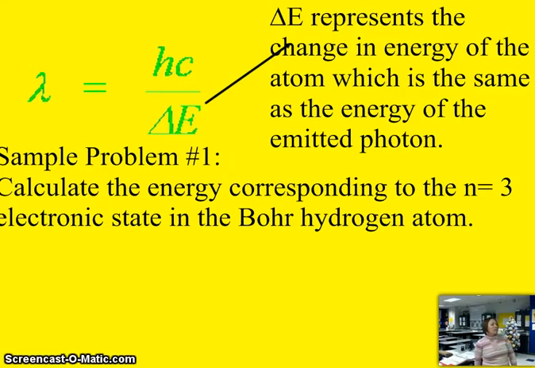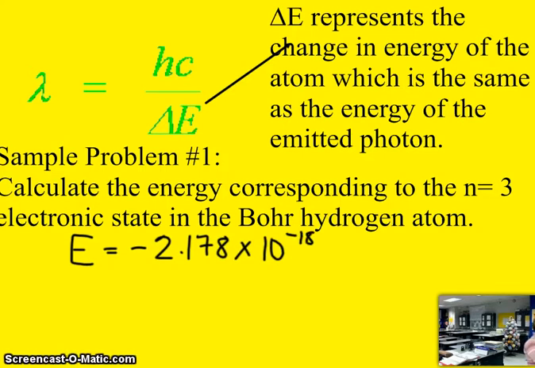It says calculate the energy corresponding to the n equals 3 electronic state in the Bohr atom. To calculate the energy of one particular state of an electron, we use the equation E equals negative 2.178 times 10 to the negative 18th joules times Z squared over n squared.